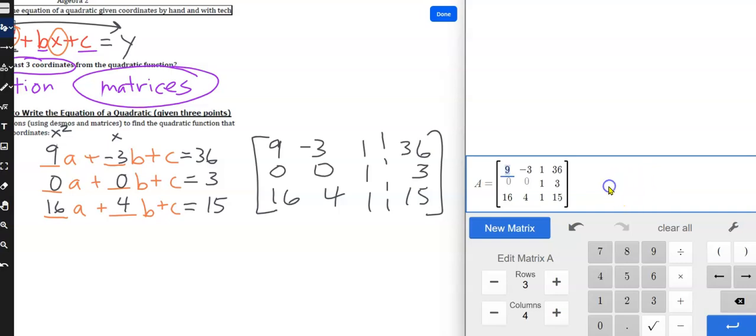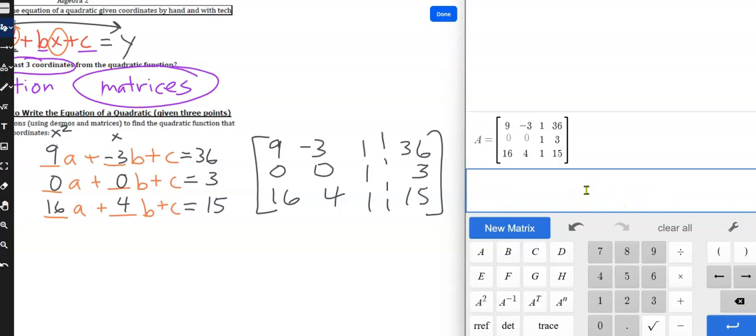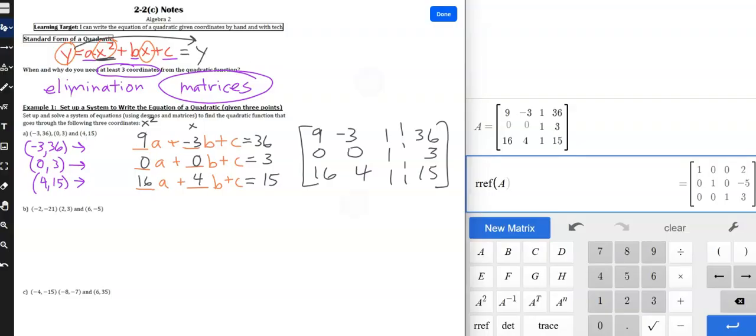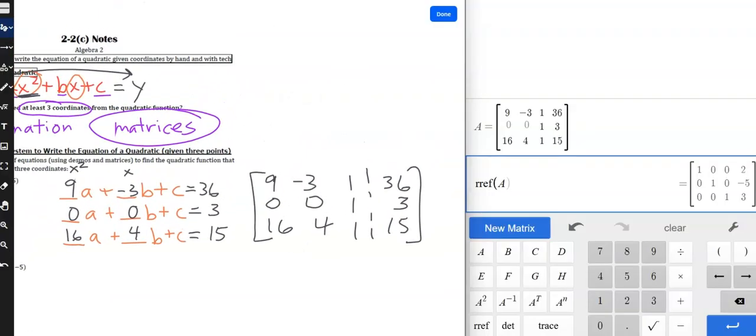And then remember how we do this? We would go down to the next one and do RREF of matrix A. Voila! There's our answer to this question. Now, who the heck made this? They didn't leave enough room.